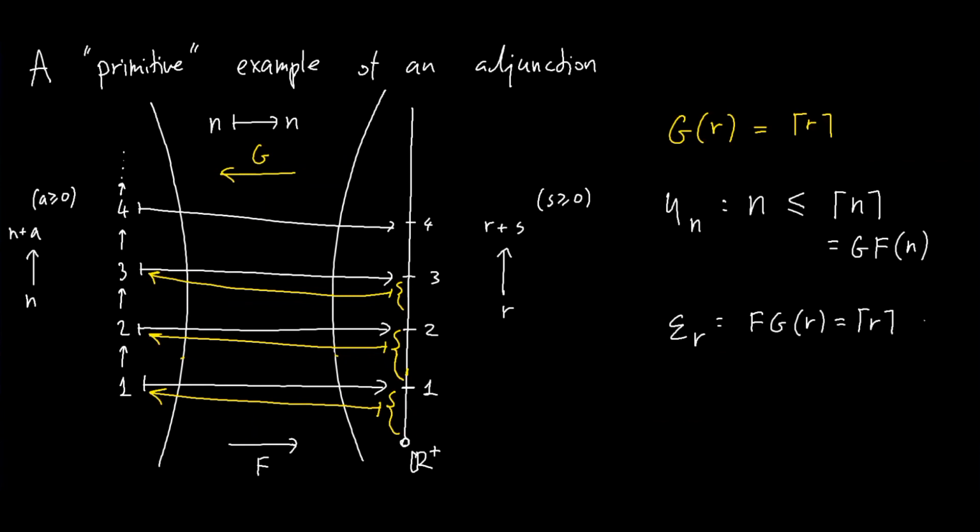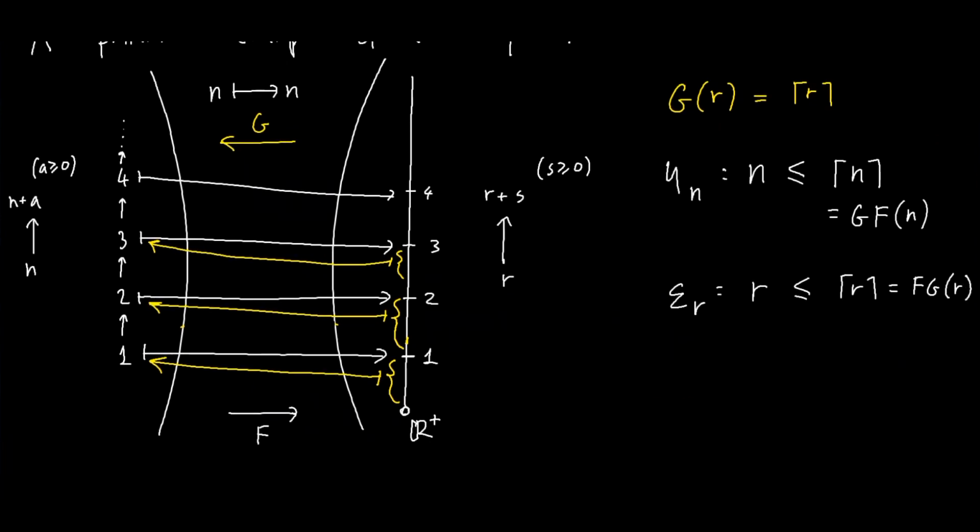And that needs to be, did I confuse things? Yeah, this is the other one. Sorry, this is not going to be epsilon, it's going to be eta. This ceiling is, of course, bigger than r, right? So r will be less or equal to its ceiling, which is fg of r. Therefore, I need to switch my notation here. This is actually f.